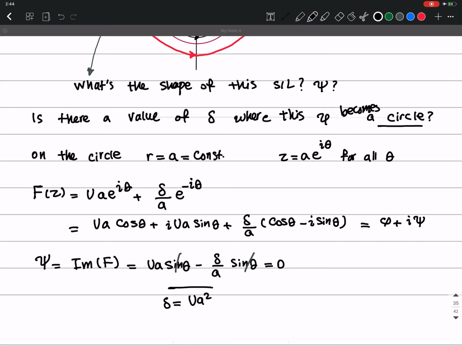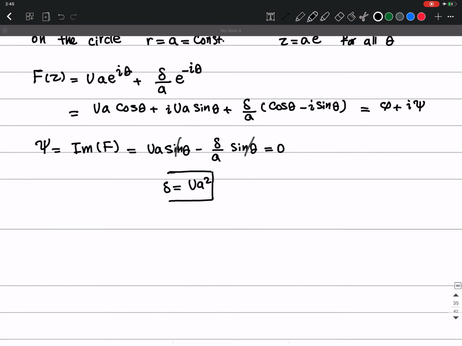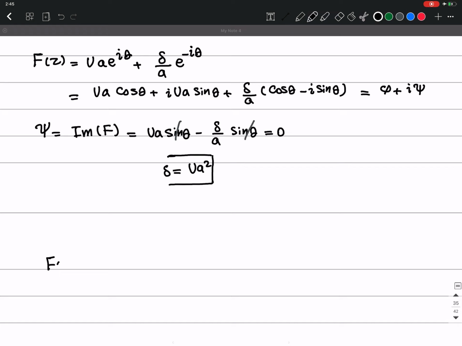So if we set delta to UA squared, then this psi equals 0 that passes through this streamline becomes a circle. We can check it again to make sure that's the case. Say f(z) is Uz plus delta over z.